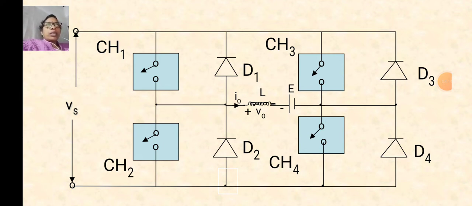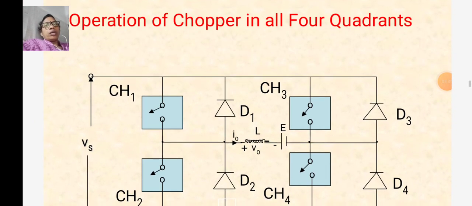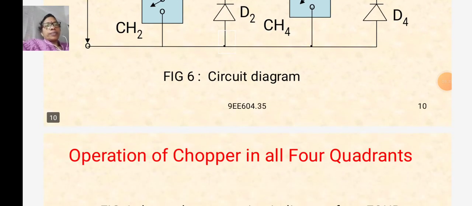When the pulse width modulation signals are applied to some choppers, at that time those choppers will work. When the chopper is off, the diodes will conduct. Now we are going to discuss briefly the operation of choppers in all four quadrants.